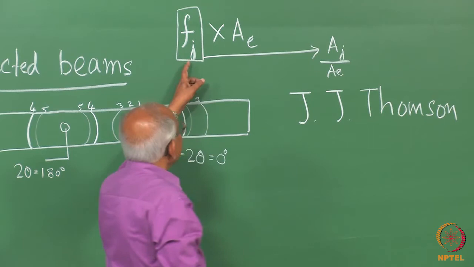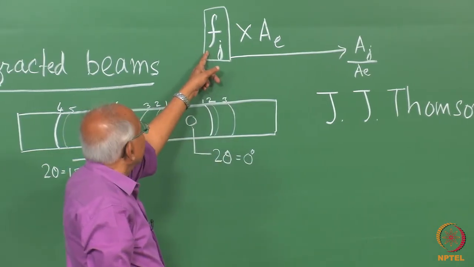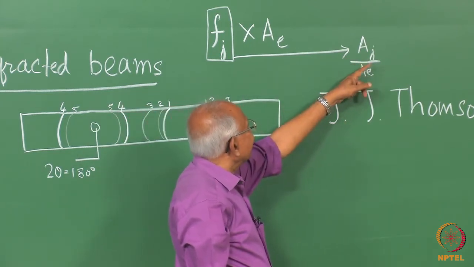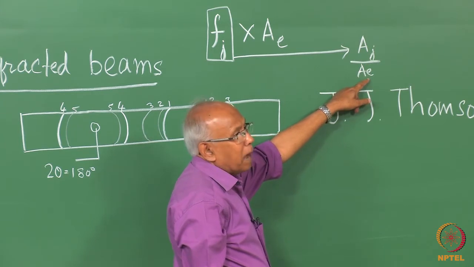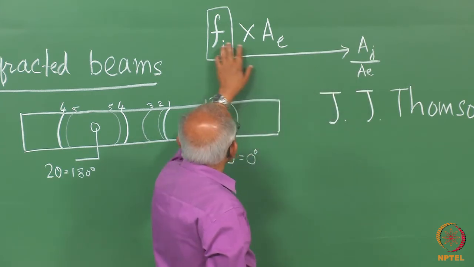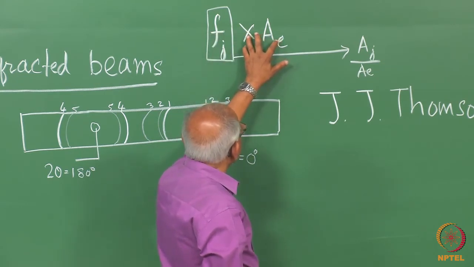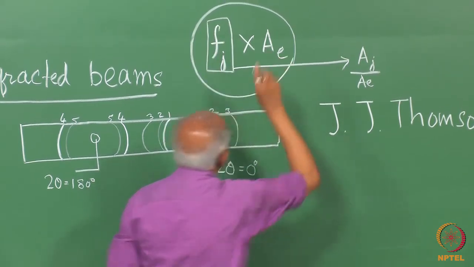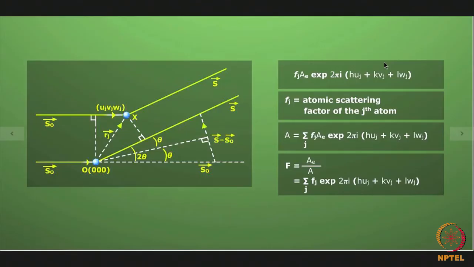You see, fj, the atomic scattering factor of the jth atom, is nothing but the amplitude scattered by the jth atom divided by Ae, the amplitude scattered by a single electron. So, if we multiply this with Ae, it will give us the total amplitude scattered by the jth atom. In this equation, the magnitude of the amplitude is fj multiplied by Ae, and this is the phase term.